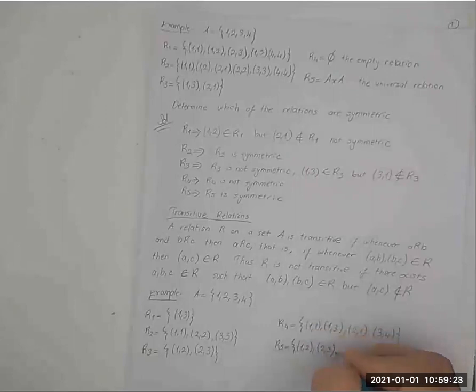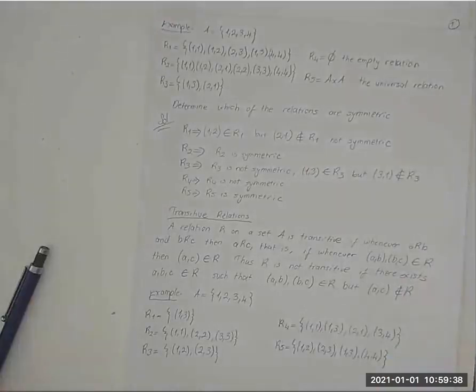R4: (1,1), (1,3), (2,1), and (3,4). And R5: (1,2), (2,3), (1,3), (4,4).